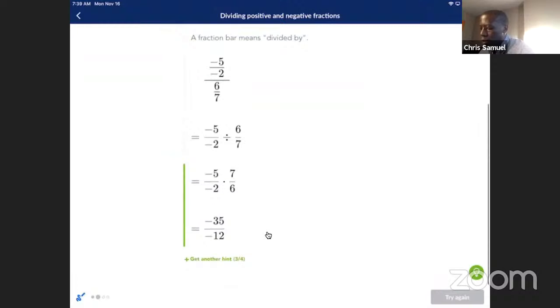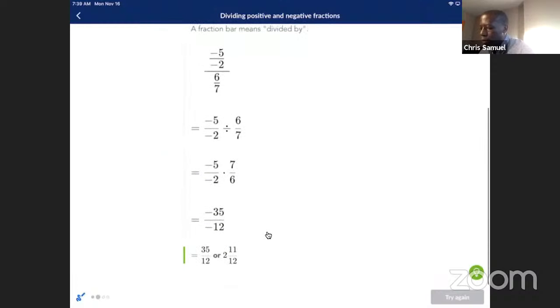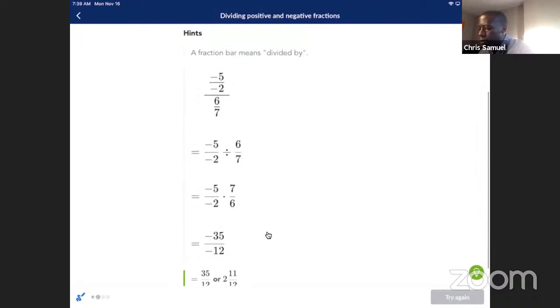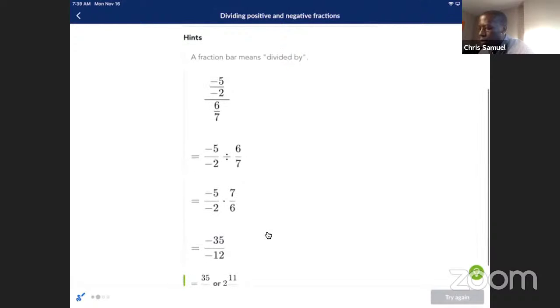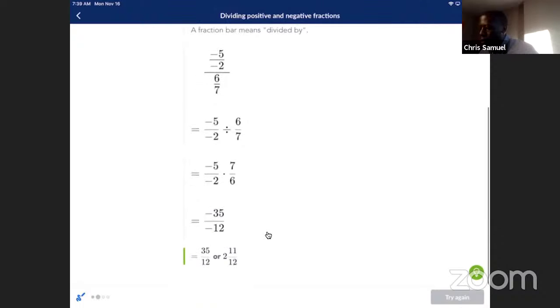And then we have to simplify. Okay, so what they did here is simplify means to make it positive. How do you get the positive? Because negative times positive would be a negative. And you have 35 over 12. What does that mean?